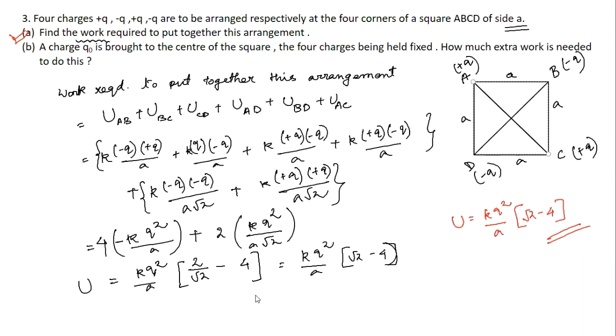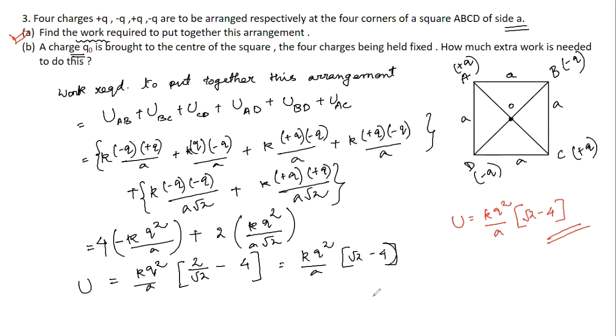Let's say this is point O, and at this point O you want to place your charge Q naught. How much extra work is required to put the charge Q naught at this point O? That work done value you need to find.